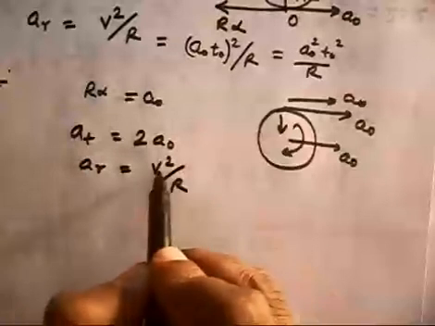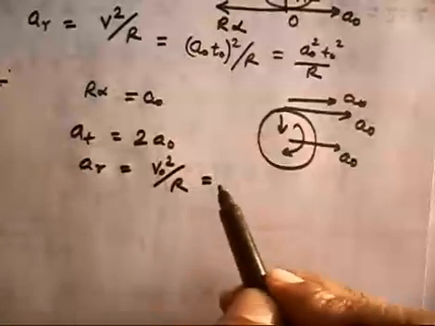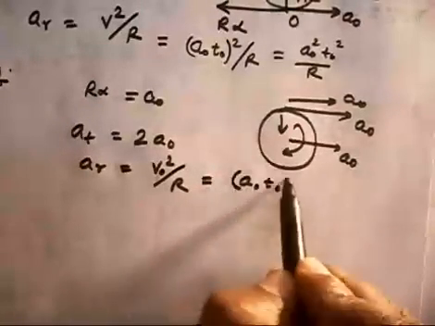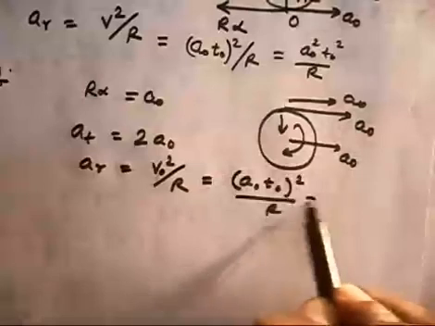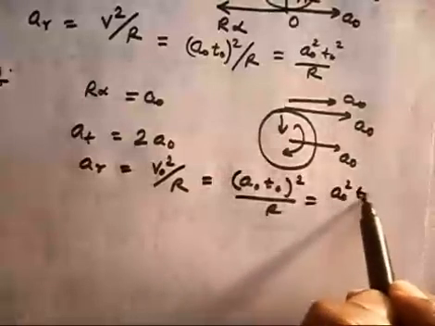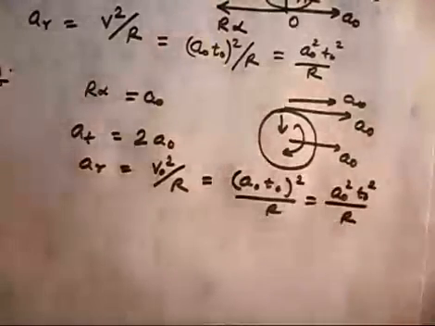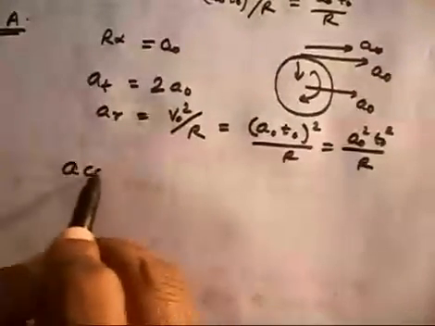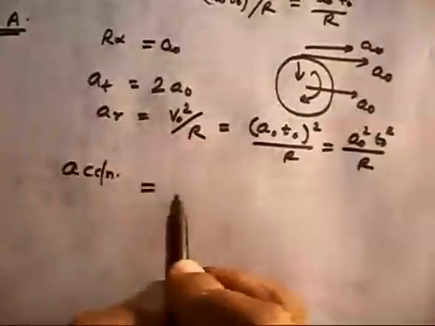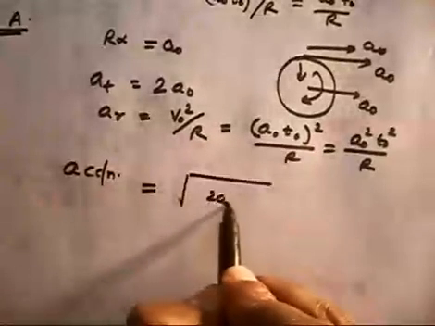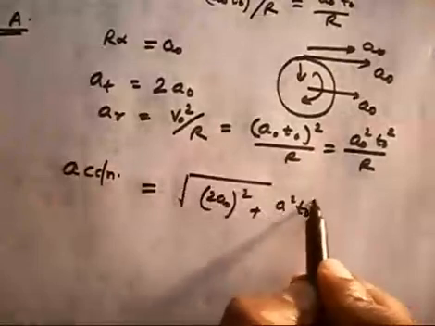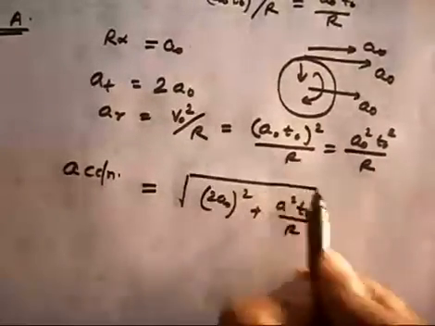Now this time the velocity is v naught, and v naught we have already derived, this is a naught t naught whole square by r. So this is a naught square t naught square by r. This is more mathematics, less physics. So the total acceleration will be 2a naught whole square plus a naught square t naught square by r.